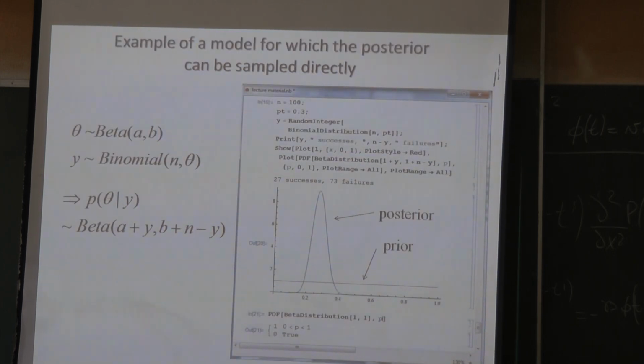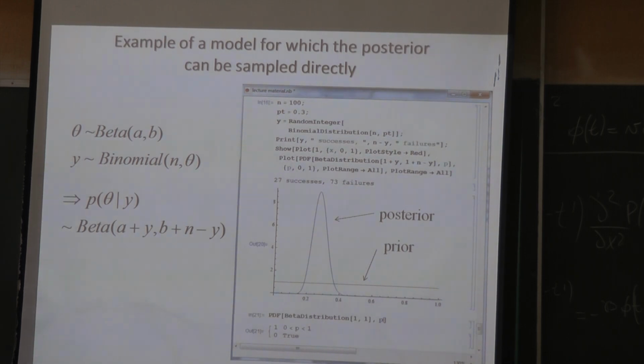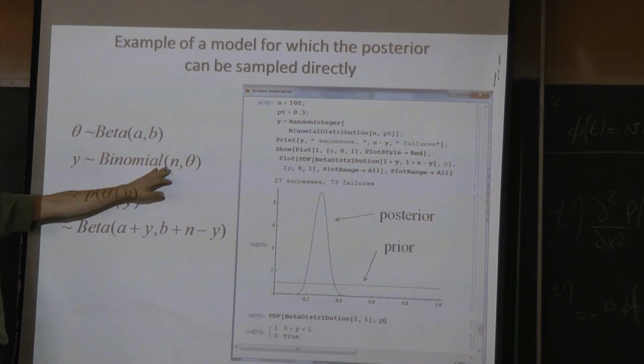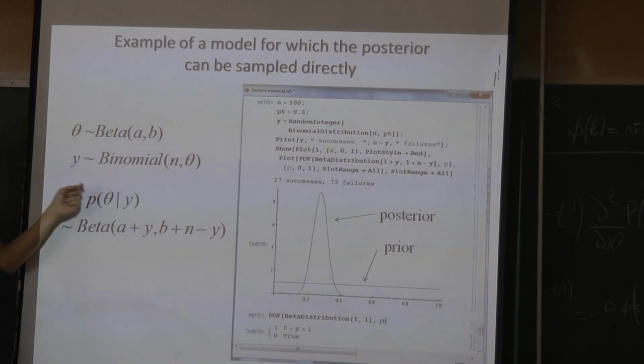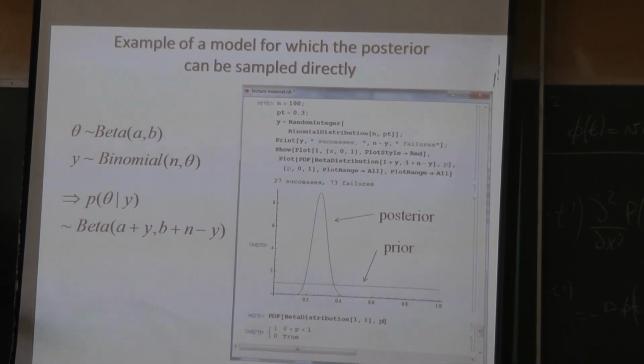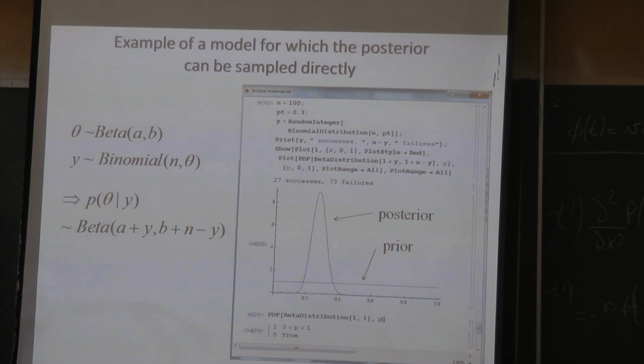So this is an example of a simple model for which the posterior can be sampled directly in an easy way. Let's assume that you have binomial data, so that you have n trials, and then you observe y successes, like you flip a coin n times and you observe y times the outcome that you want to get.